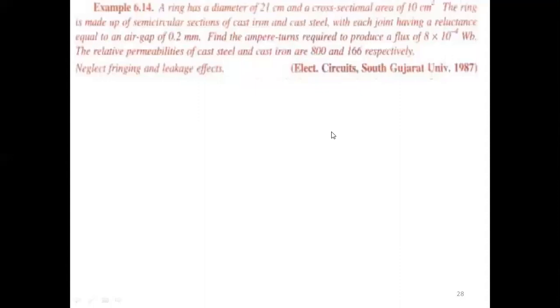The relative permeabilities of steel and iron are 800 and 166 respectively, full point. Don't take the note below, neglected fringing and leakage, don't take that one.